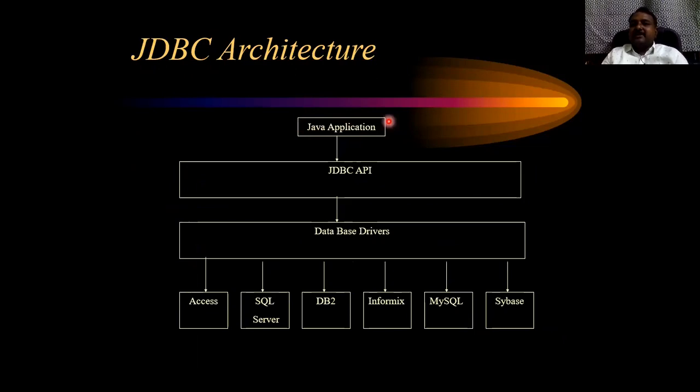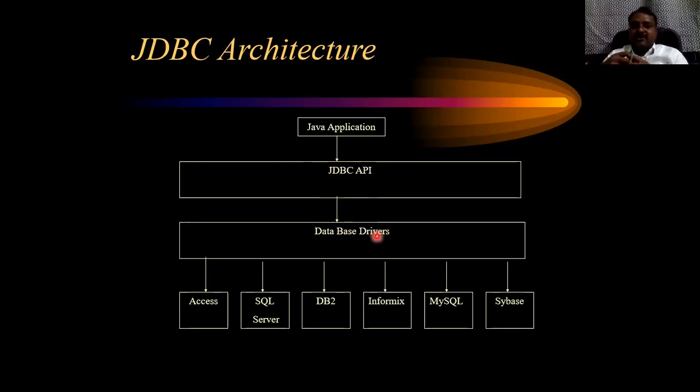Your Java application will interact with an API, and this API stands for Application Programming Interface. And this API is JDBC, where JDBC stands for Java Database Connectivity. And your Java Database Connectivity API is going to interact with the drivers of your database.